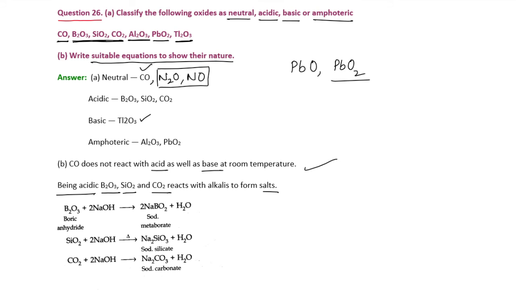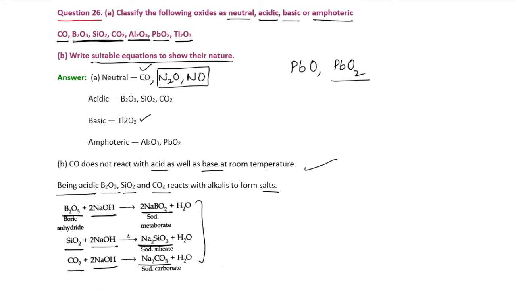See, boric anhydride B2O3 reacts with sodium hydroxide to give sodium metaborate. SiO2 and CO2 react with sodium hydroxide to give sodium silicate and sodium carbonate, along with water. You know, when acid reacts with base, it gives salt and water. So the same is the case here.